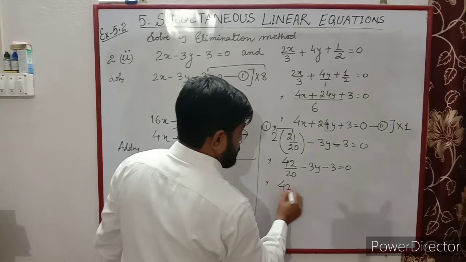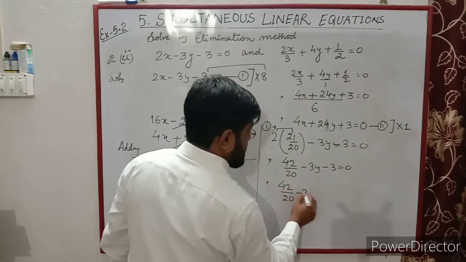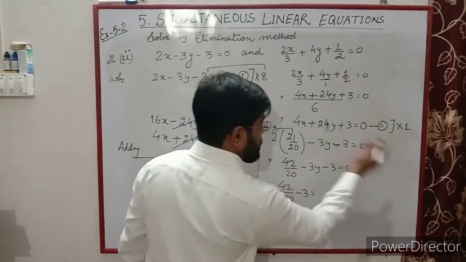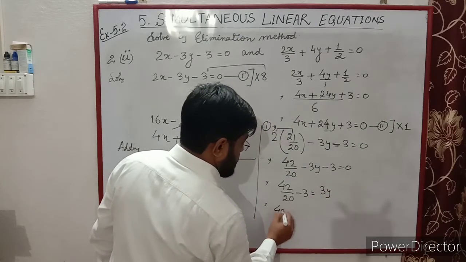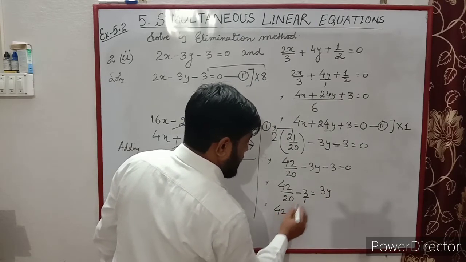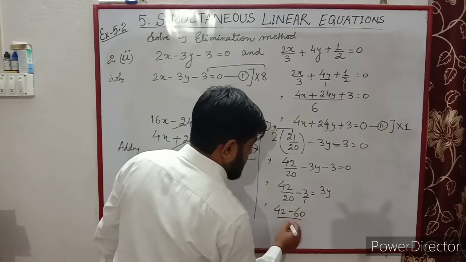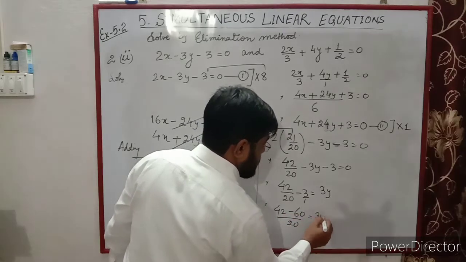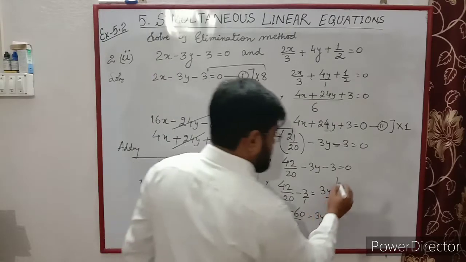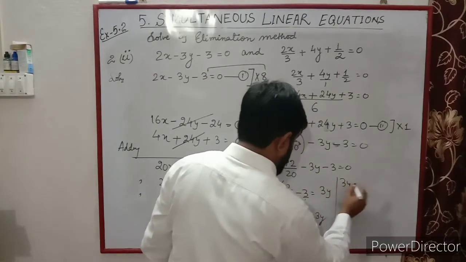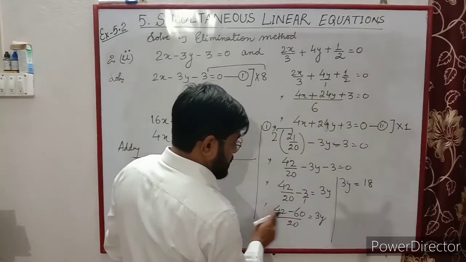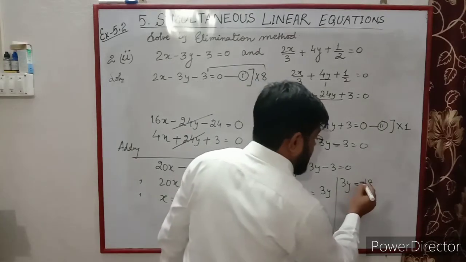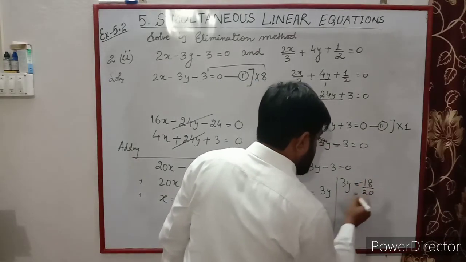So 42 by 20 minus 3 is equal to minus 3y, go that side, it becomes plus 3y. Now taking LCM, 42 minus 60 by 20 is equal to 3y. Now 3y is equal to 42 minus 60, we have minus 18 by 20.